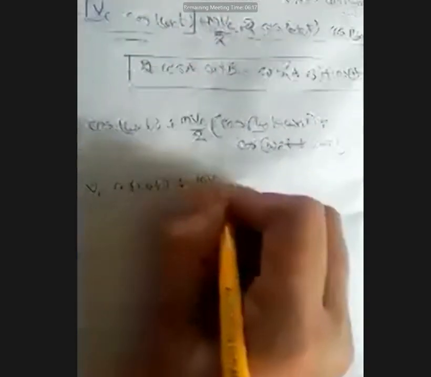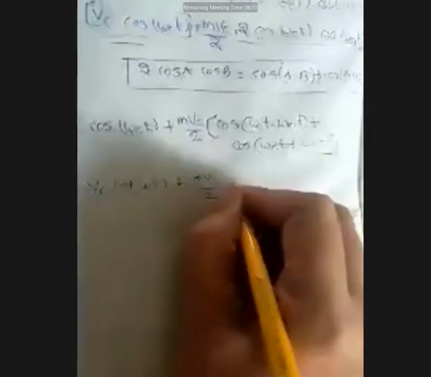Now VC cos omega ct plus MVC by 2 cos omega c minus omega m t.